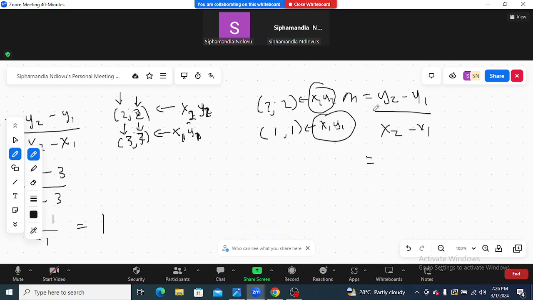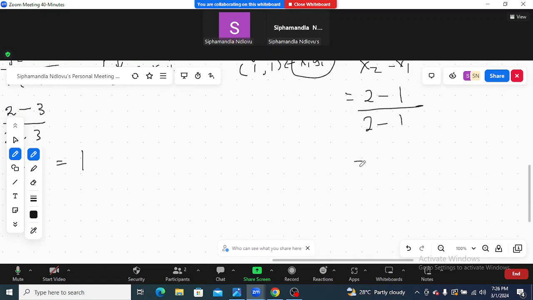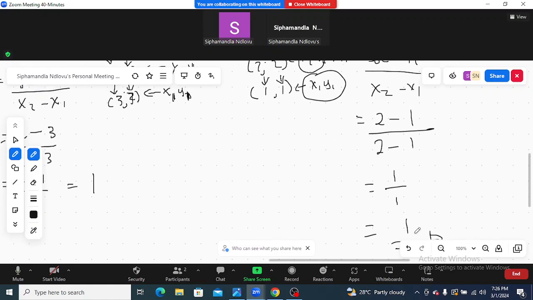So if I pick this, obviously I will say that is y2, so that is 2 minus y1, that is y1, so that is minus 1 over x2, that is x2 over there, so it's 2 minus x1, that is x1 over there, minus 1. So I will have 2 minus 1, that is 1. 2 minus 1, that is 1. I'm also getting the gradient of 1. You see what I mean?